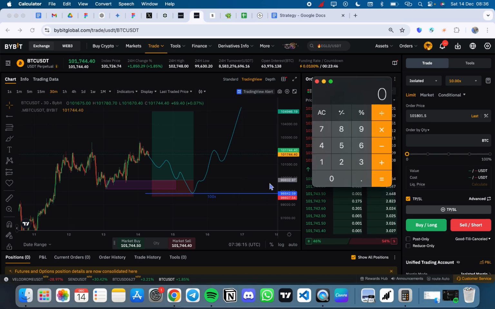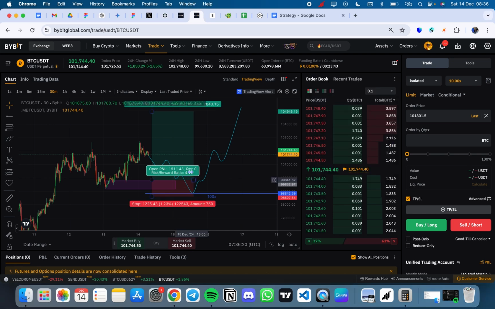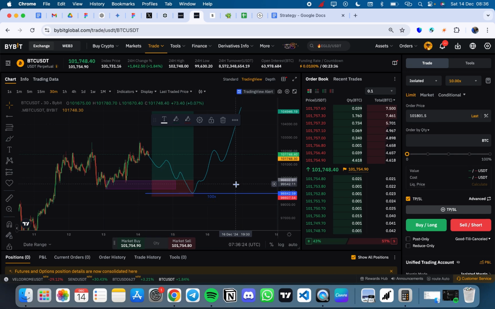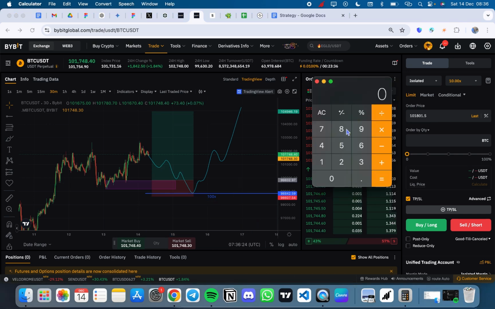The current entry price we want to use is 99,832. On our calculator, we have 99,832 divided by 10. Remember, the leverage is 10, so we divide by 10. We're getting 9,983.